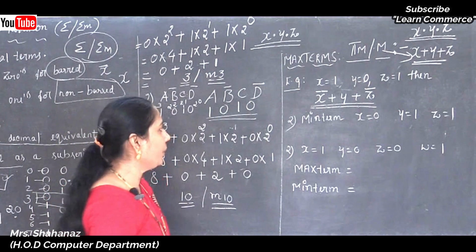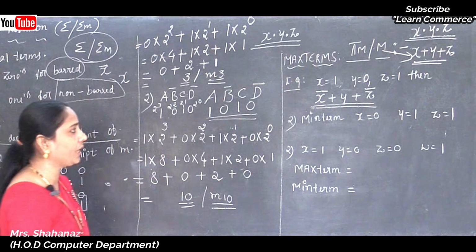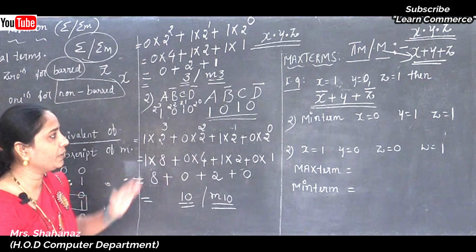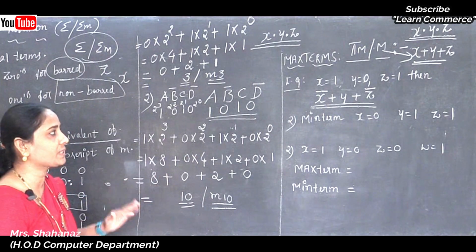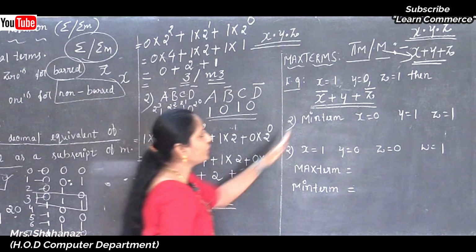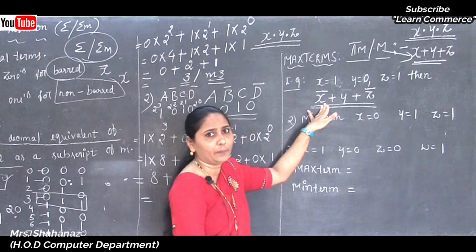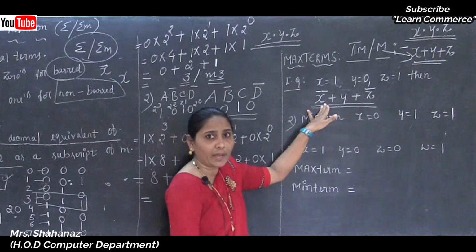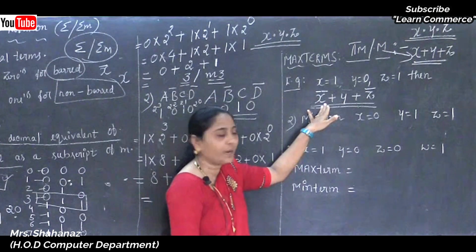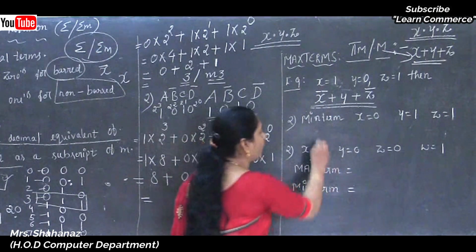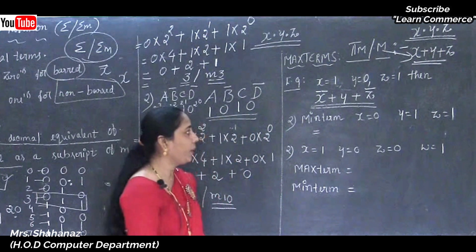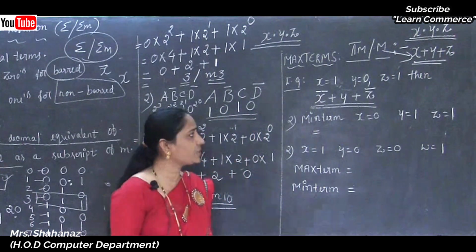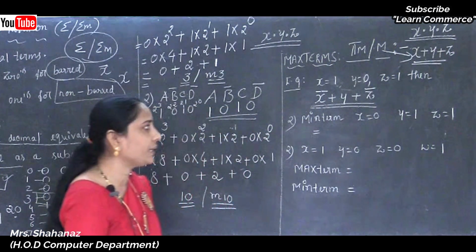Now the Minterm. If there is any doubt after the Minterm, it will be cleared for the Minterm as well as the Maxterm. We have completed one example with the meaning and definition of the Maxterm and also the symbol. Now I want to complete one example for the Minterm. So for the Minterm, x is equal to 0, y is equal to 1, z is equal to 1.